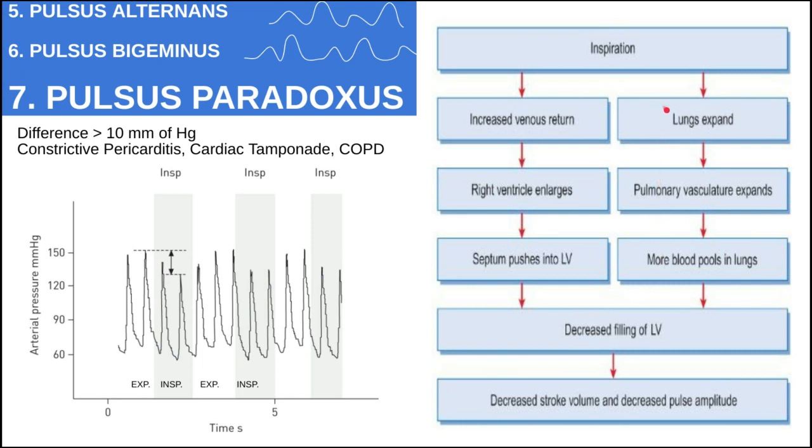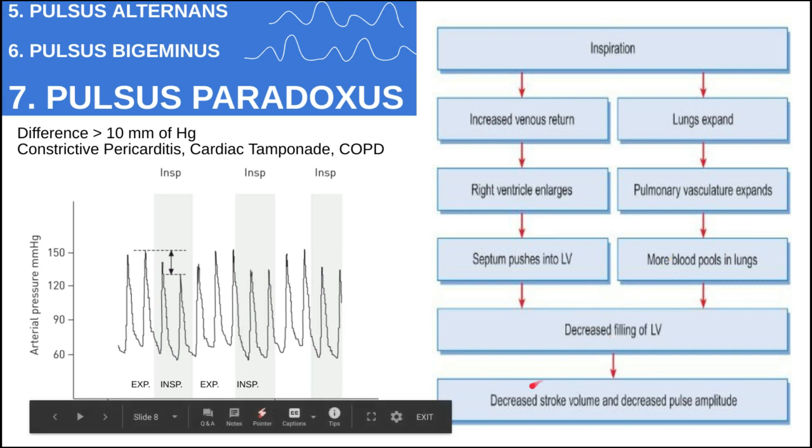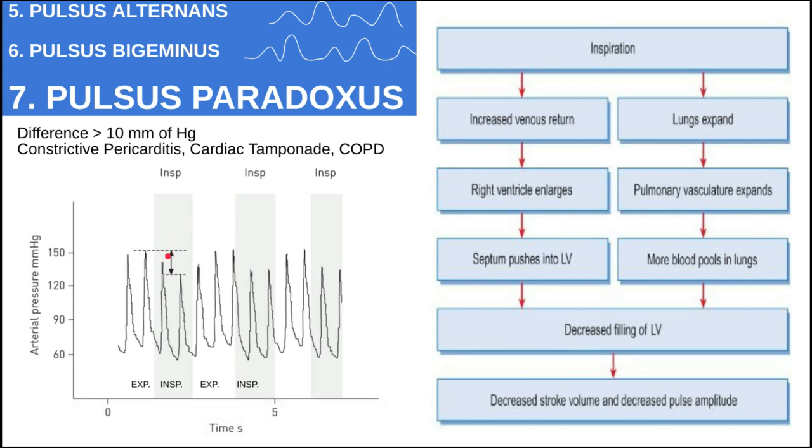At the same time, expansion of lungs leads to pooling of blood in pulmonary vasculature, which leads to decreased return of oxygenated blood in the left side of the heart. So there will be decreased stroke volume and decreased pulse amplitude during inspiration. So this is decreased amplitude of pulse during inspiration and increased amplitude during expiration.